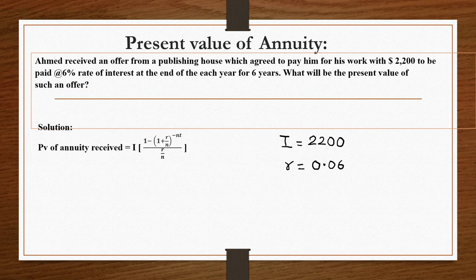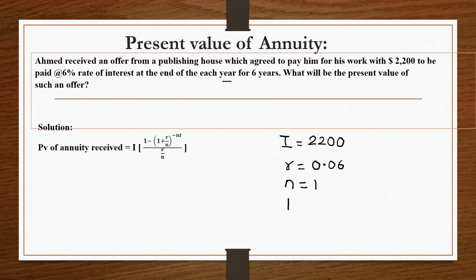Now go as per the formula. Now we have to write what is N. N means whether it is monthly, annually, quarterly or semi-annually, as I have explained in compound interest. Here it is mentioned each year, so N will be 1.